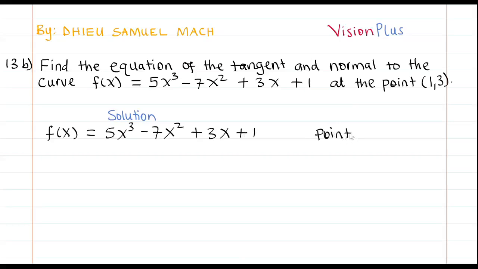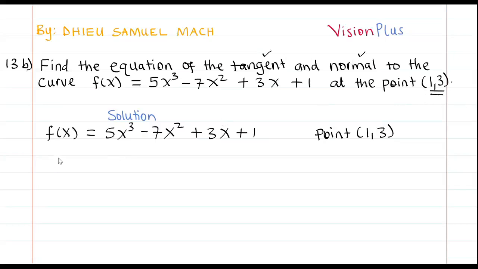So we are given this question, and we should find the equation of the tangent and the equation of the normal to this curve at the point (1, 3). So what do we do?